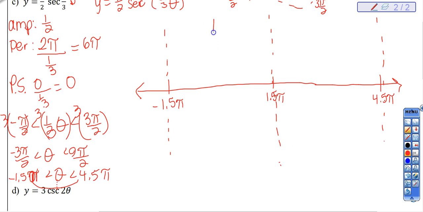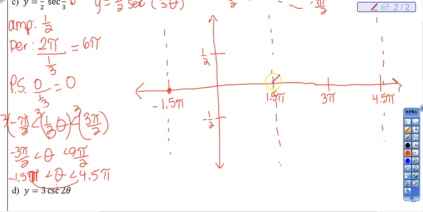And then 0 would be your y-axis right here, with an amplitude of half, a negative half. So that's going to be my marker for that. And then halfway between 1.5 and 4.5 would be 3. Would you agree? Yes. Okay. So what I'm going to do here is I'm just going to draw my cosine wave.